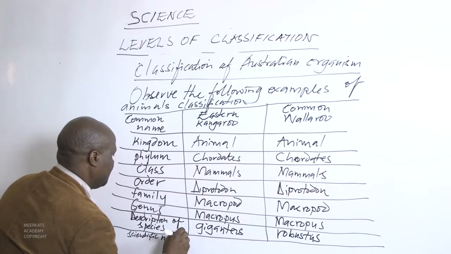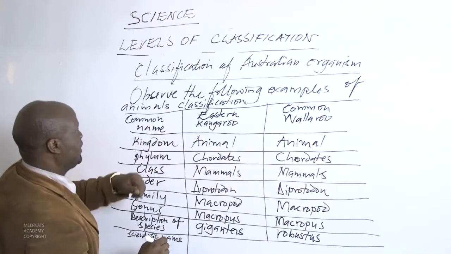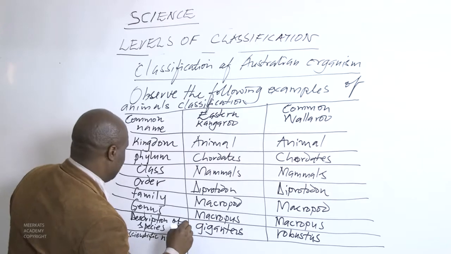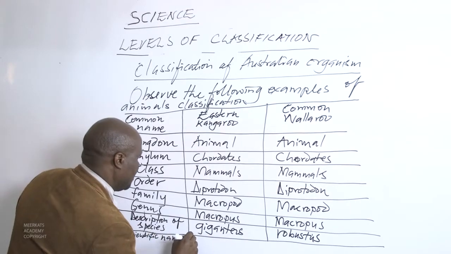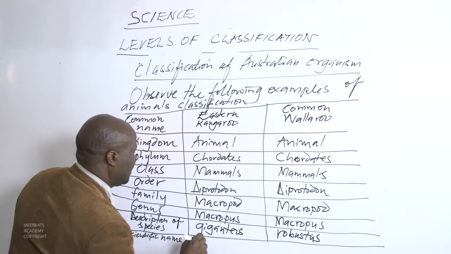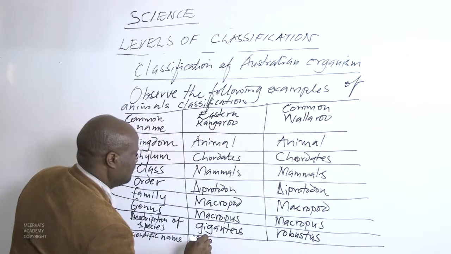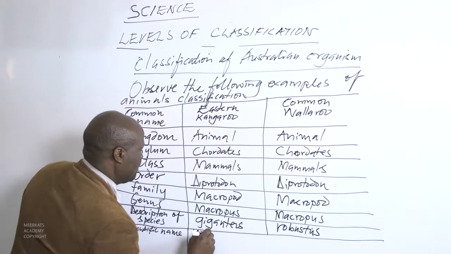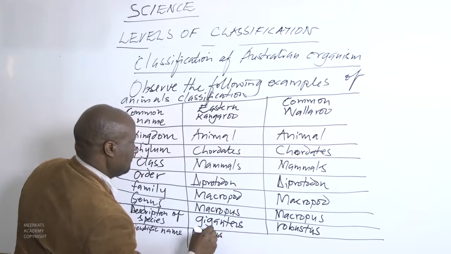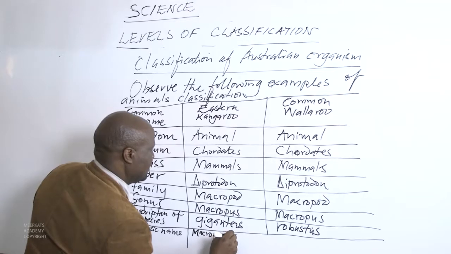The scientific name for the eastern kangaroo will be, first we start with the genus, Macropus, with a capital letter, Macropus giganteus.